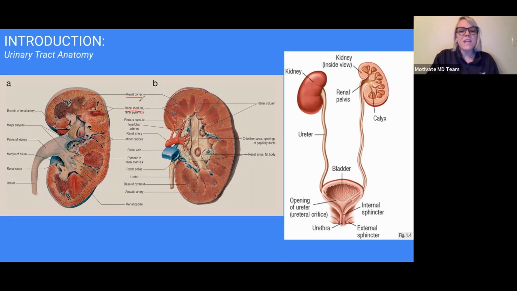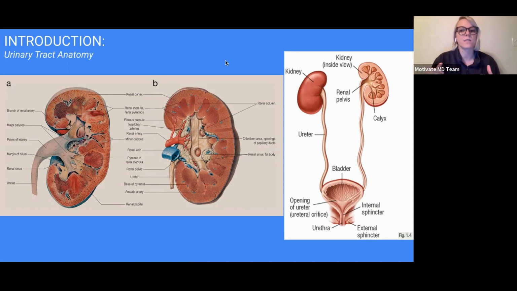Now what we're going to focus on, and we're really going to keep it simple in terms of anatomy, is delineating the upper and lower urinary tract, because a lot of people use urinary tract infection perhaps out of context. When you guys think urinary tract infection, you're probably thinking bladder infection. But when we say urinary tract infection, that is pretty broad.